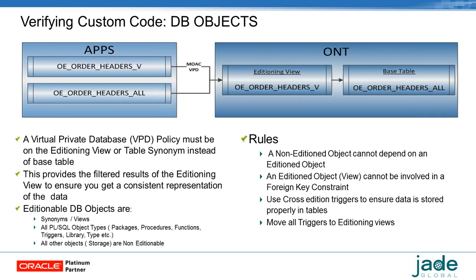And if you want to refer to it in the old edition, you create forward cross-edition triggers, which will populate data from the patch edition into your old running edition. The last part is that you will move all your triggers from your base tables onto the editioning view, which is represented by a hash.